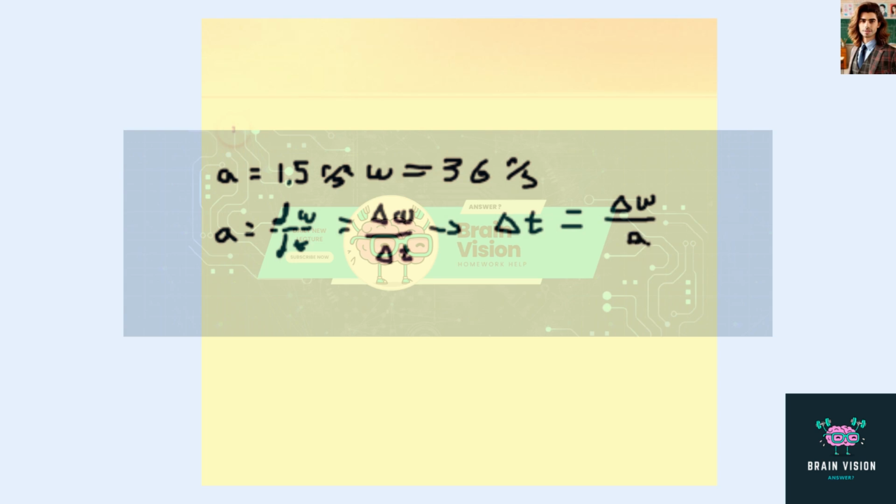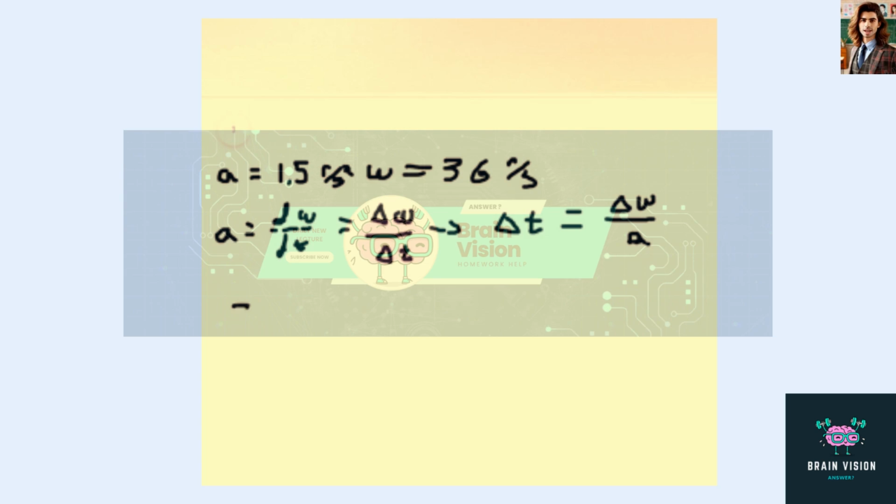All right, so if we plug our numbers in, we have our change in angular velocity, which is going from 0 radians per second to 36 radians per second.